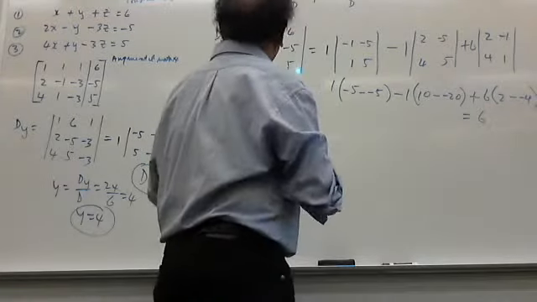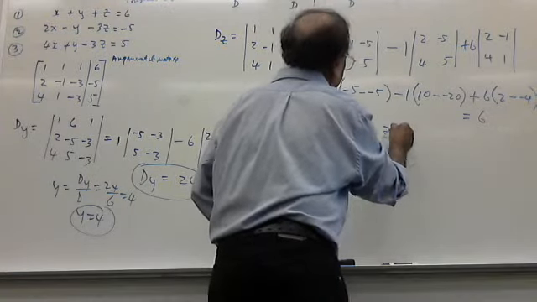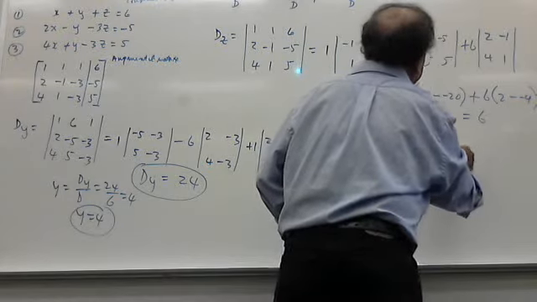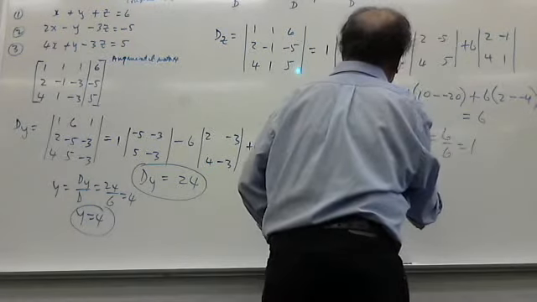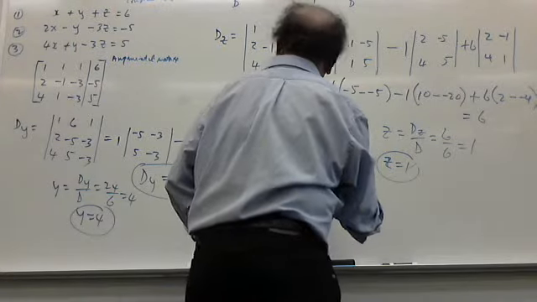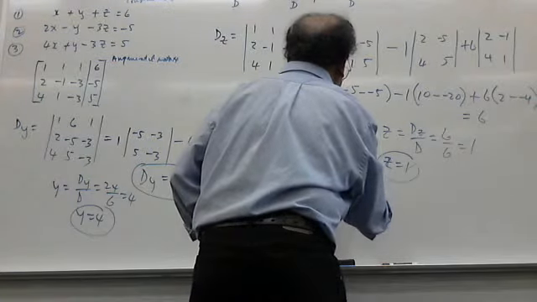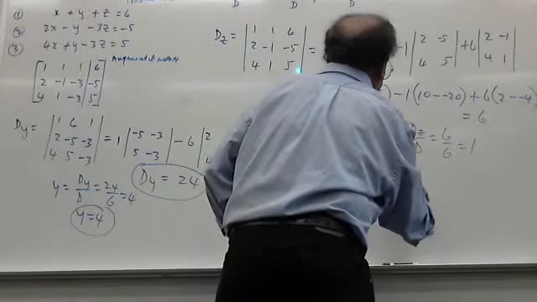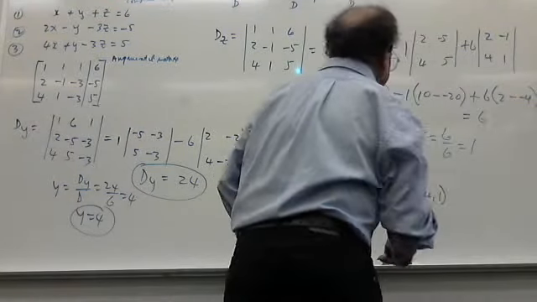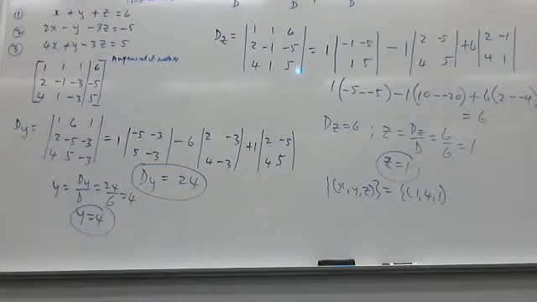So then our d sub z equal to 6 and z equal to d sub z over d, and this is going to be 6 over 6, and this is 1. So z equal to 1. So our ordered triple x, y, z is going to be equal to 1, 4, 1. x equal to 1, y equal to 4, z equal to 1.